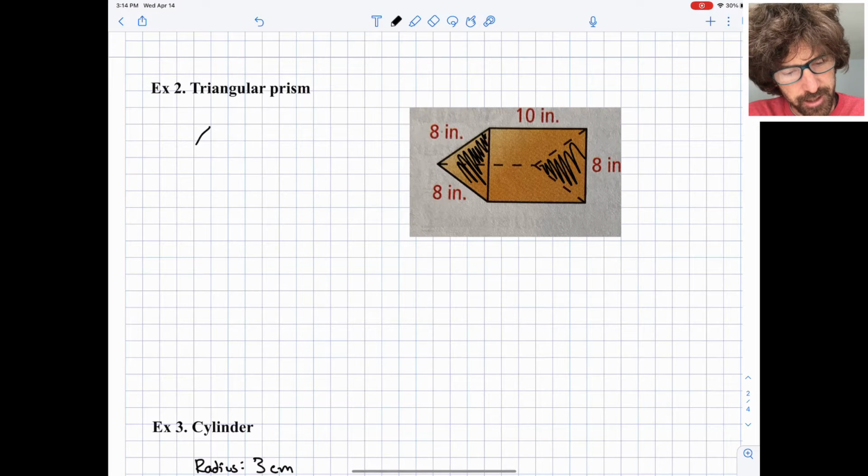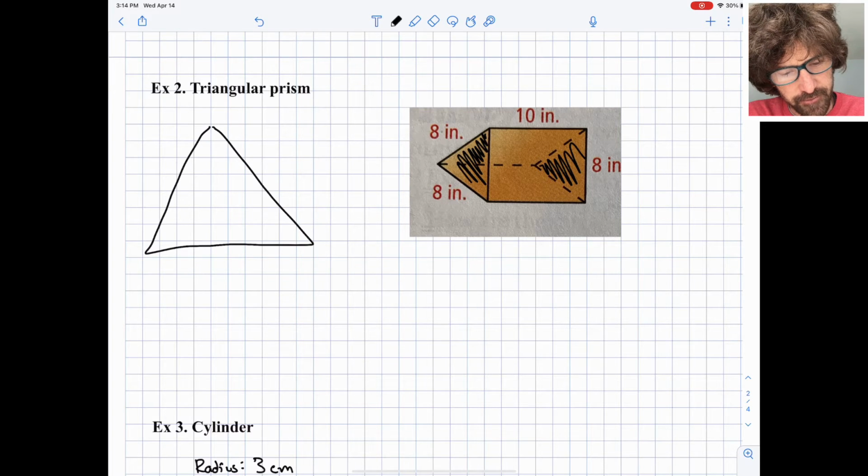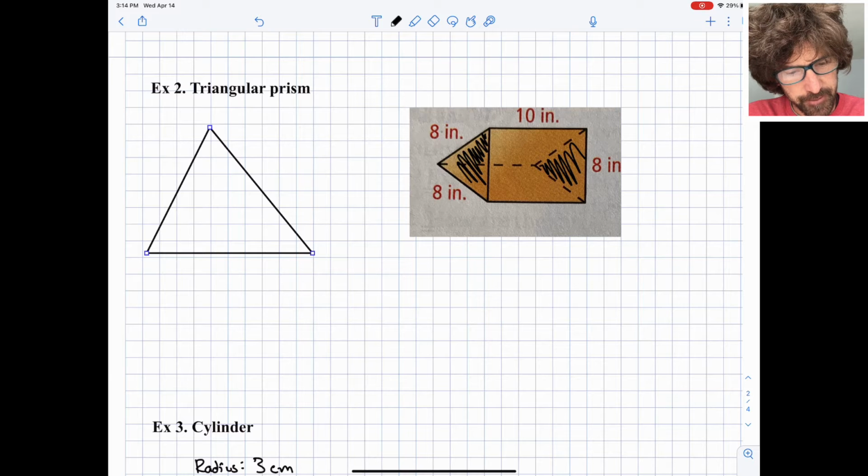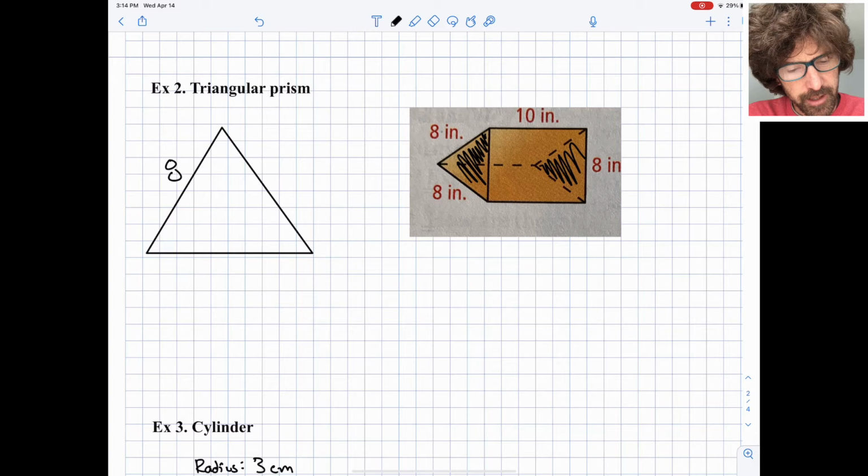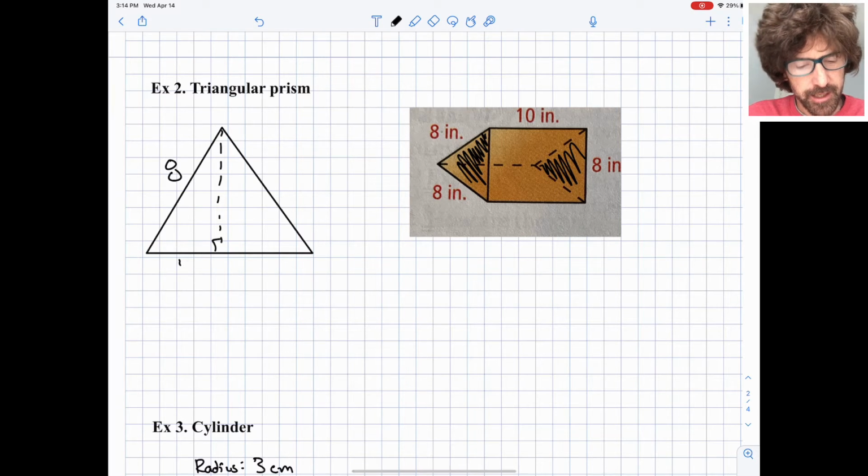So let's draw a quick sketch of what that triangle could look like. We have a side of 8 and a partial base length of 4. This is going to be a 30-60-90 triangle, this piece that I'm shading in here. So that means that the height of this triangle is going to be 4√3.